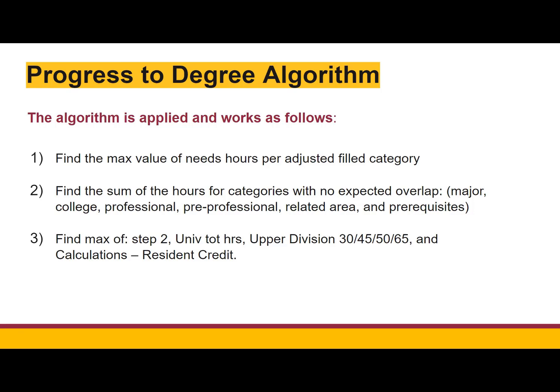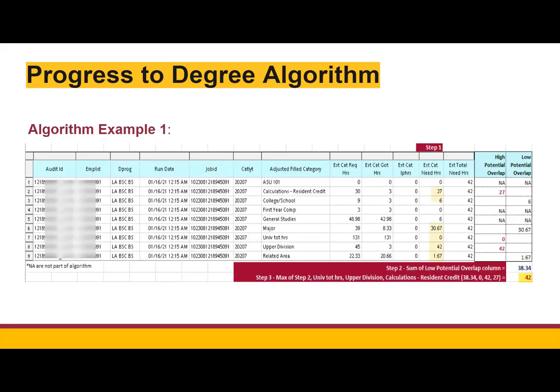We're then going to find the maximum number of hours by comparing that sum to university total hours, upper division, and resident credit. The maximum hours among those 4 groups is what we're going to use for calculating our total hours remaining.